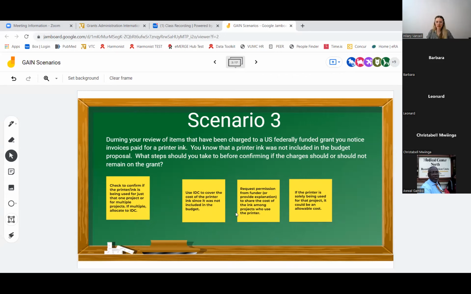Anyone else have any ideas? Maybe I'm thinking of the same line, where if you discover that it wasn't really budgeted for, we ask the hosting institution to cover that cost through the overheads.